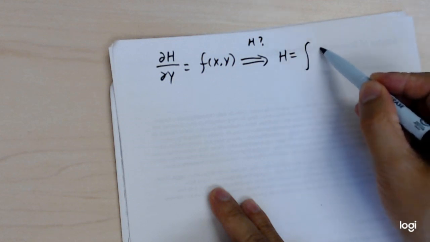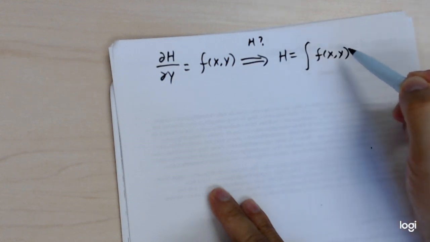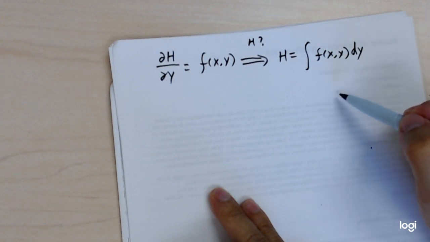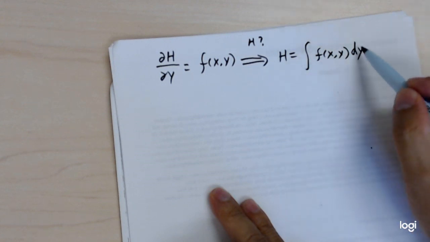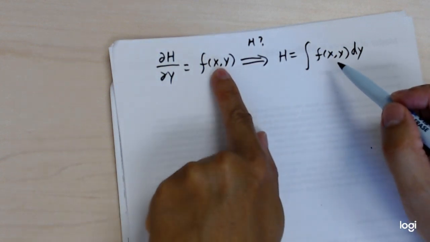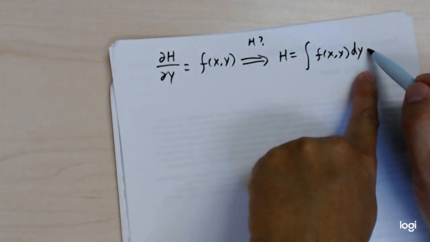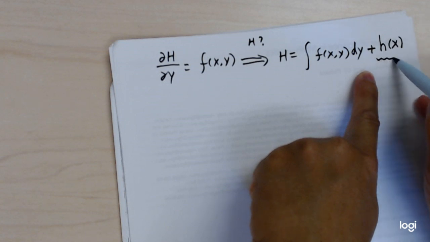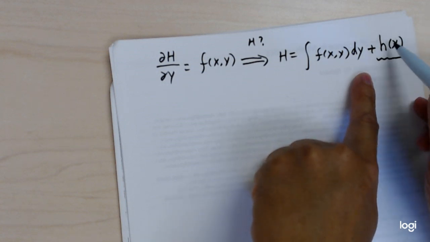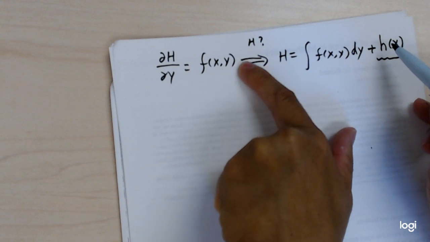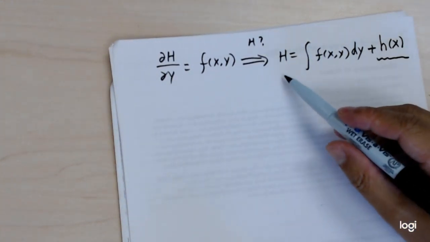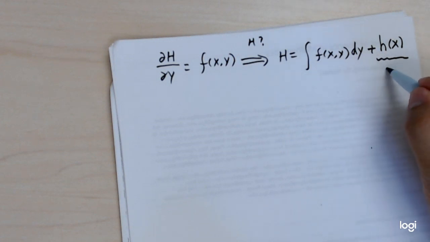I get the integral of f of x, y, integrated with respect to y. Obviously, the derivative of this with respect to y will be f of x, y. Notice if you add any function of x and differentiate with respect to y, you also get zero. So H in general will look like this, but the question is, what is the function of x here?